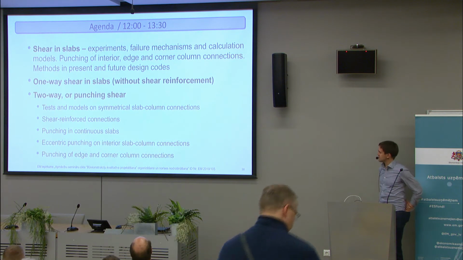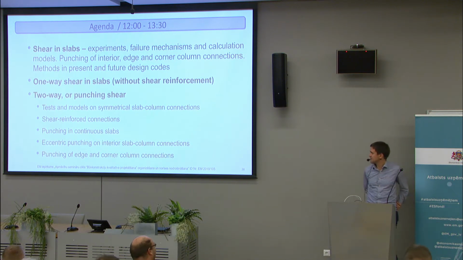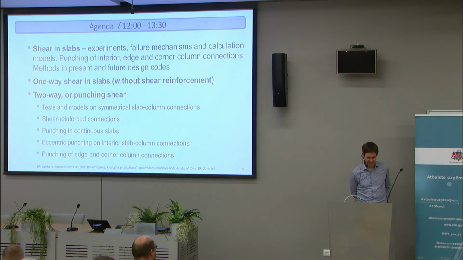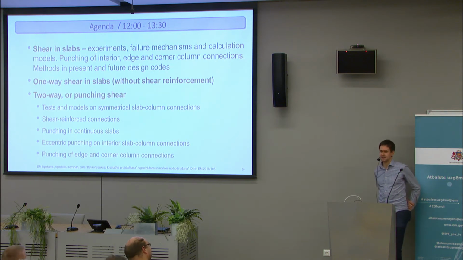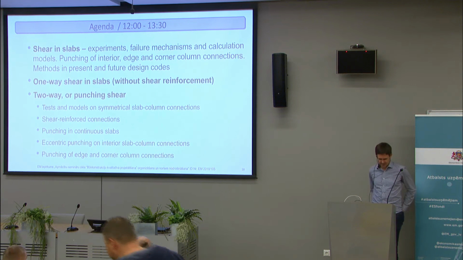And I'll show you some videos of what testing for punching looks like, and I'll tell about shear reinforcement against punching failures. Then my topic was punching in continuous slabs, where I looked at the differences between actual continuous slabs and the specimens that we test in the lab.